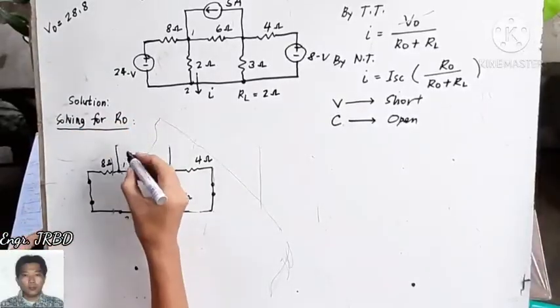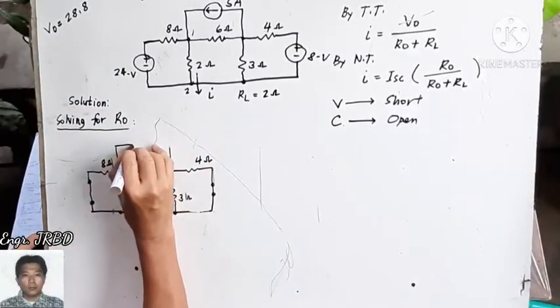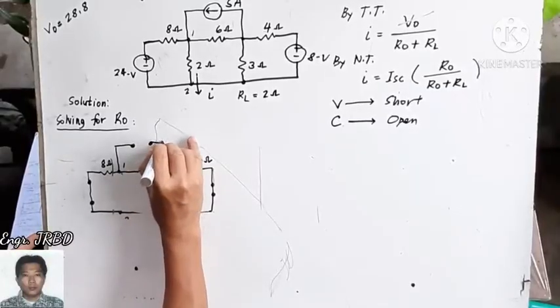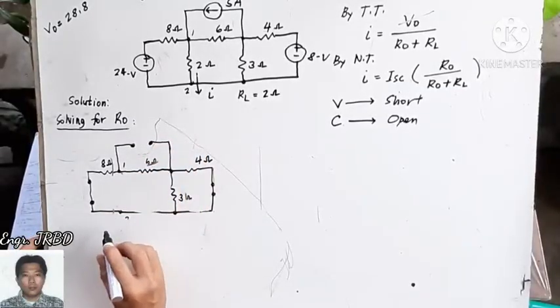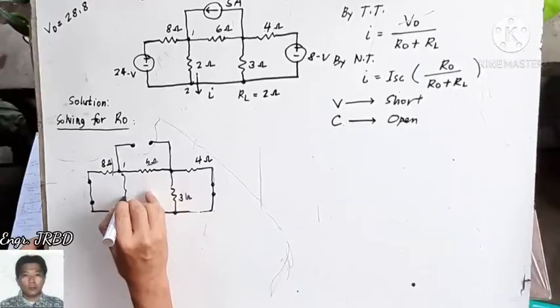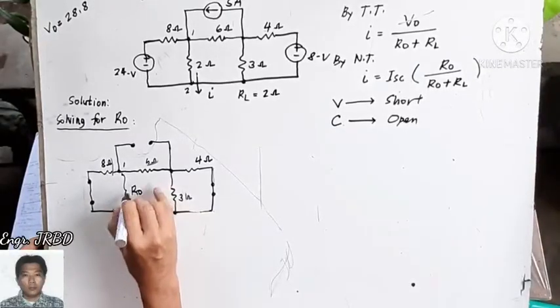So this is how your circuit will look like. There. So what is our R sub O between points 1 and 2?